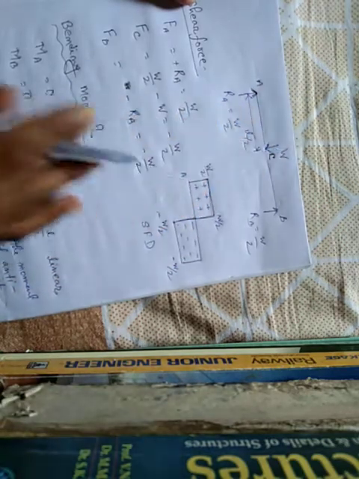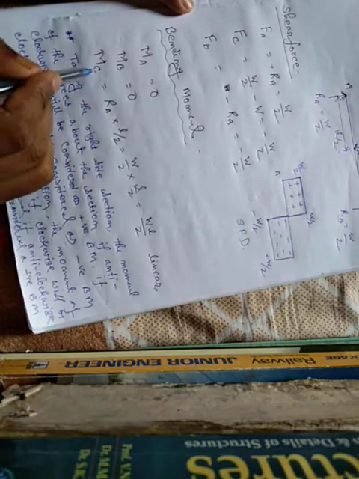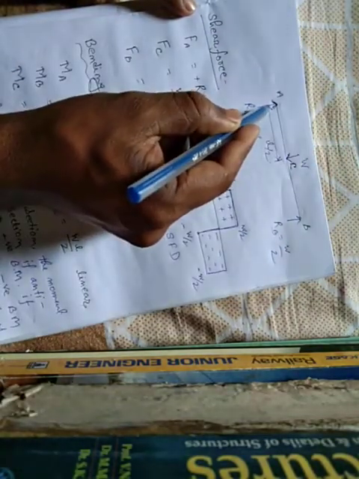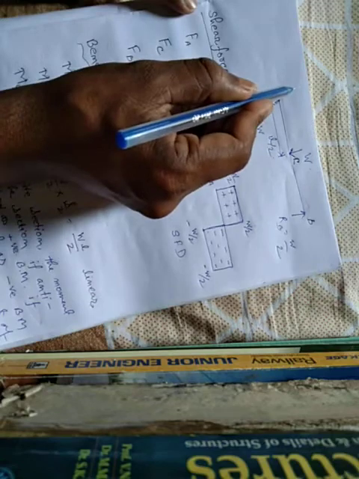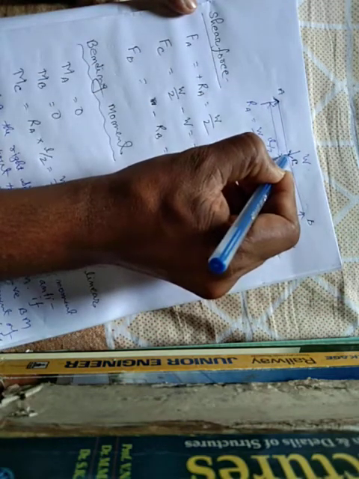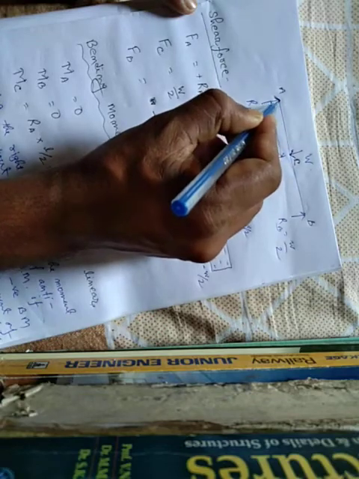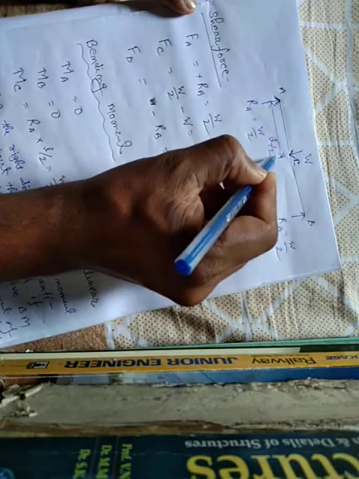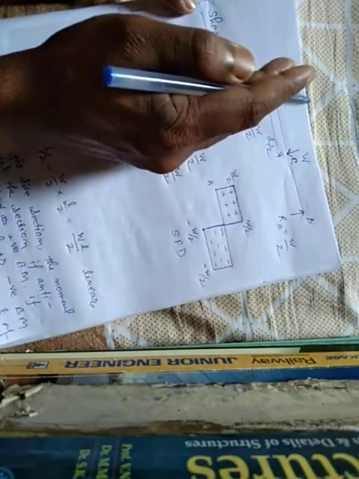In this case, at point C from the left side section, the reaction force Ra is in the upward direction, so the moment at point C is clockwise. That means positive for the left side section.